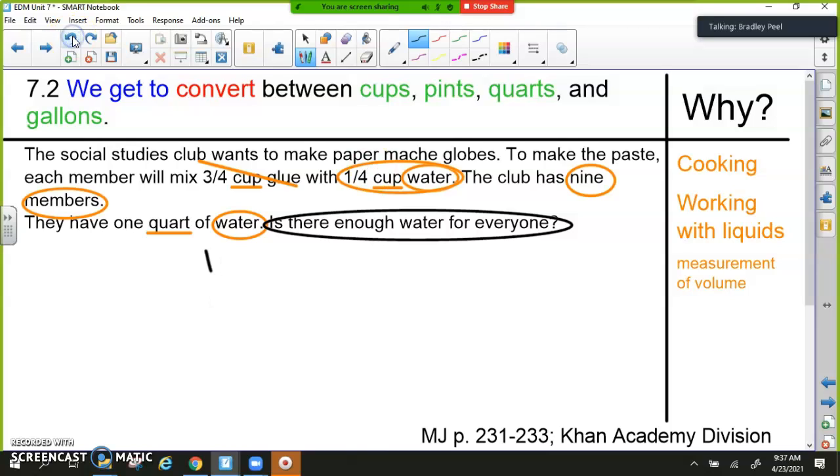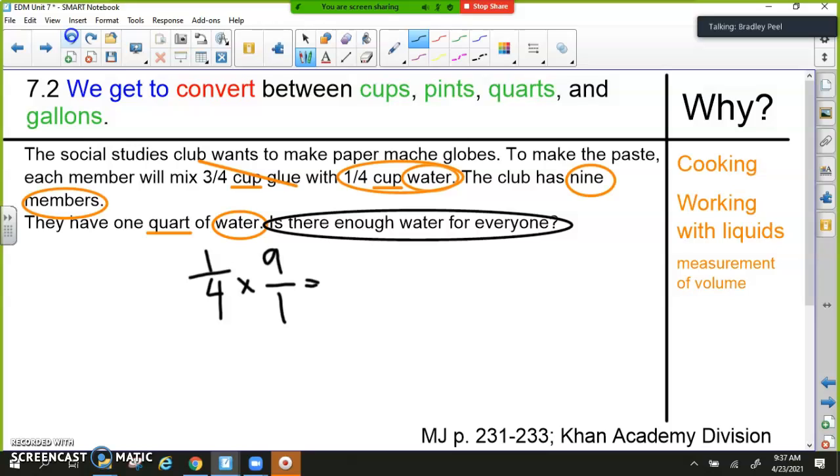Or we could do 1/4 times 9. Okay, and remember another way to look at this is 1/4 times 9 wholes. As we know, when we multiply fractions, we don't multiply those denominators, right? Oh, no, we do. Yes, we do multiply.